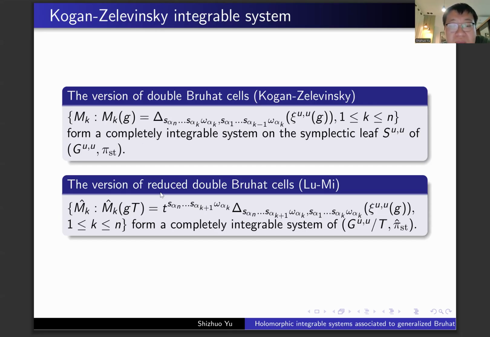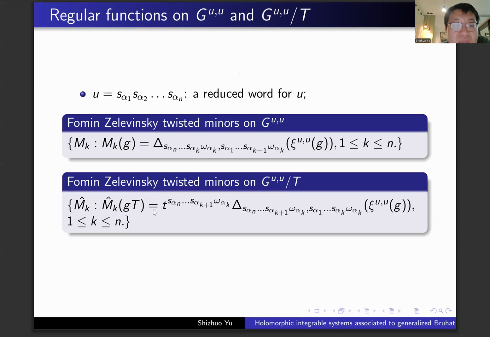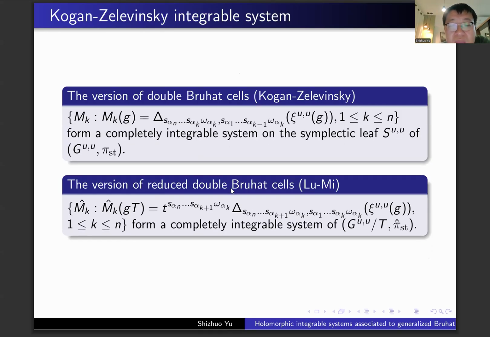And similarly, Zhanghua Lu and Yipeng Mi proved that this class of the Fomin-Zelevinsky twisted minors on the reduced double Bruhat cell also forms a completely integrable system on the reduced double Bruhat cell.